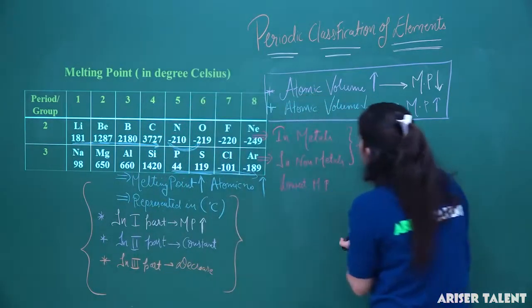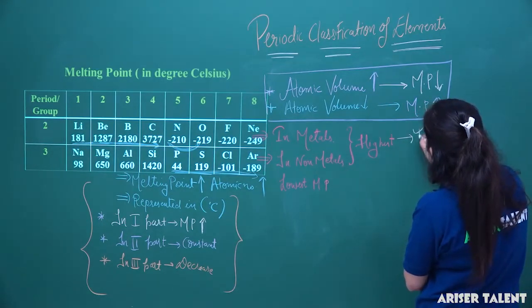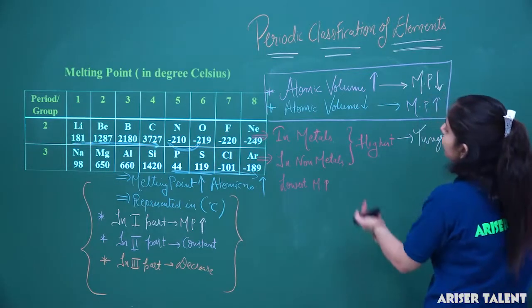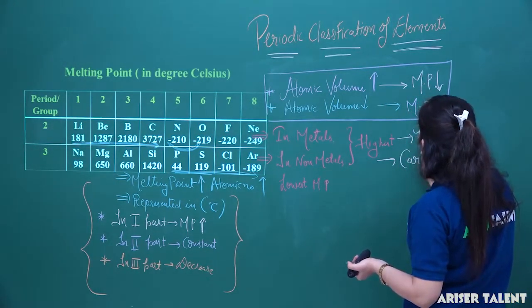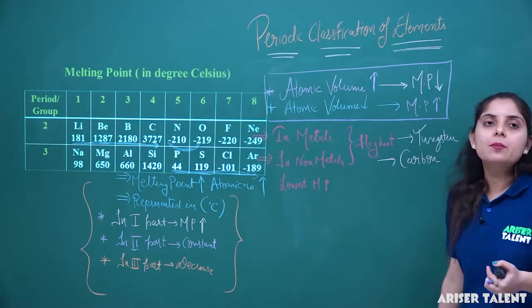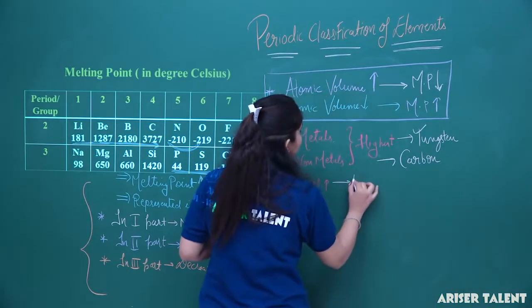So in case of the metals, which metal will have the highest melting point? Tungsten will show the highest melting point. If I am comparing non-metals, carbon will have the highest melting point. And what about the lowest melting point? The lowest melting point will be shown by helium.